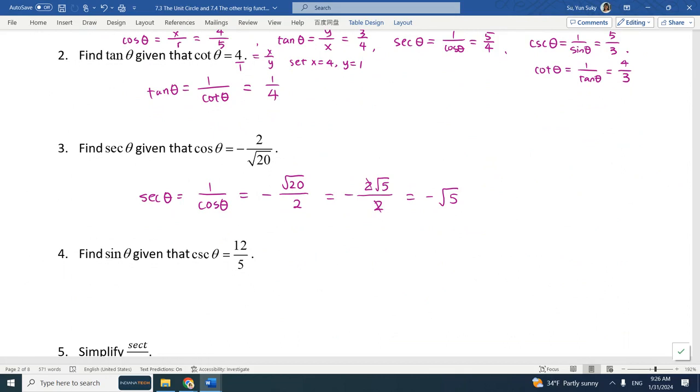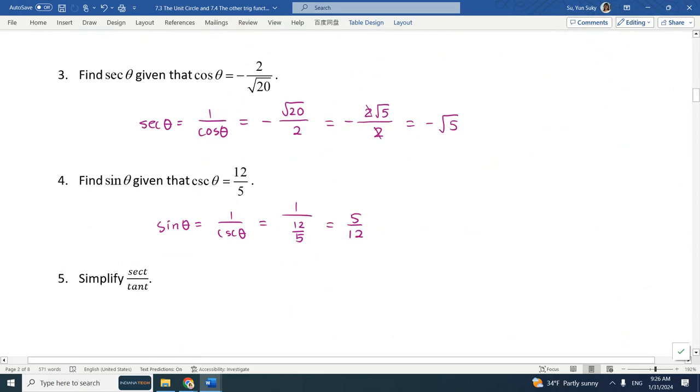Mm-hmm. So yeah, it requires you to be familiar with the formula. Yeah, so practice. So the reciprocal of 12 over 5 is 5 over 12. Everybody? Okay, number 5.